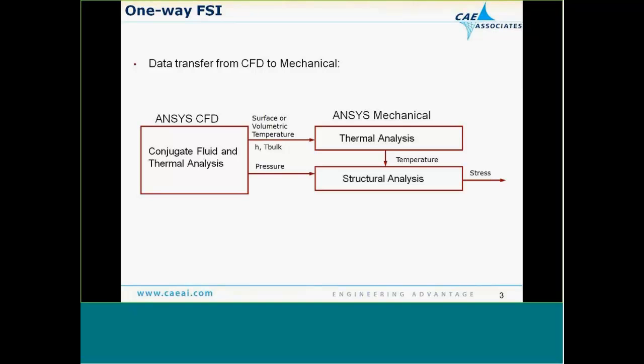So prior to doing that, if your system has a weak coupling, not a strong coupling, you can perform a OneWay FSI to see the fluid flow carry over to mechanical to calculate deformation or thermal stress. We can transfer the surface pressure to a static structural analysis, or surface temperature, or heat transfer coefficient, or volumetric temperature to ANSYS thermal and mechanical to do thermal stress analysis.